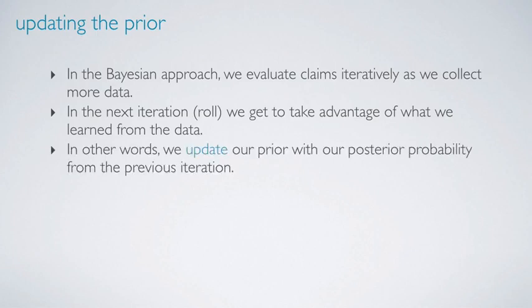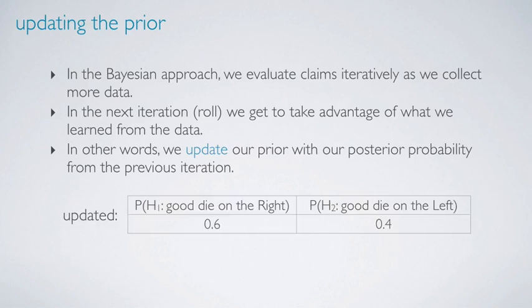In other words, we update our prior with our posterior probability from the previous iteration. So in the next iteration, our updated prior for the first hypothesis being true is going to be the 60%, the posterior from the previous iteration, and the complement of that, 40%, is going to be the probability of the competing hypothesis.